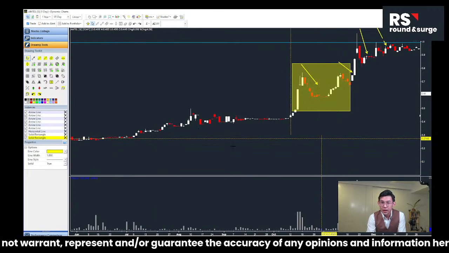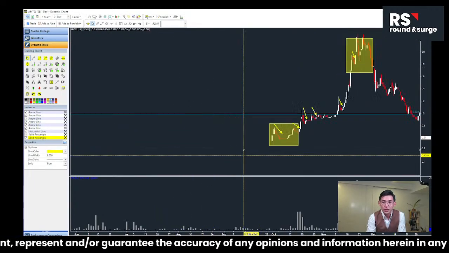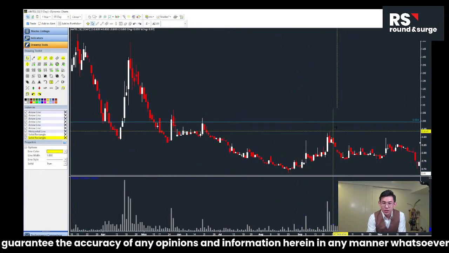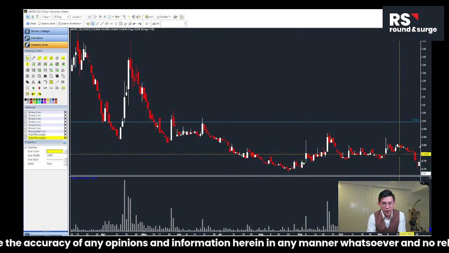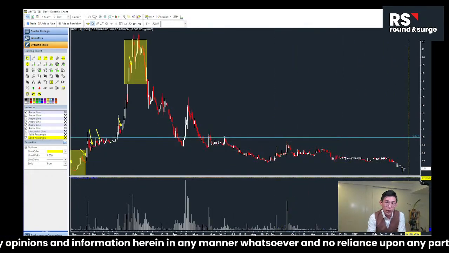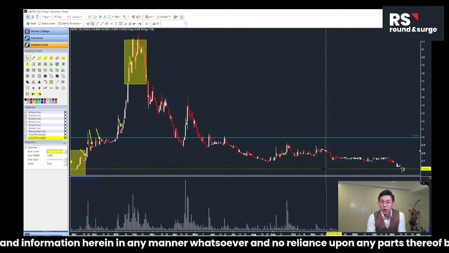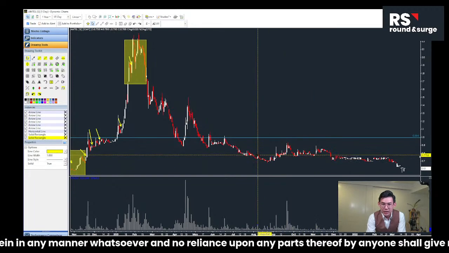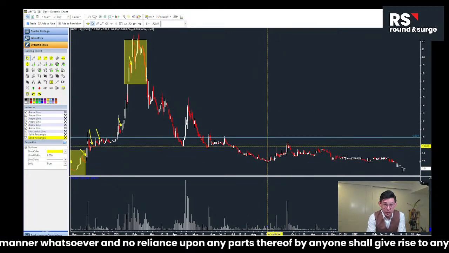No. Sometimes the price moving up and down is just them attracting buyers. For example, at this point over here, they just want to distribute the remaining shares. They are not going to push the price up higher. You can see later on the price goes down lower again. So I will share all the details with you, and you will learn how to accumulate this after the second month.